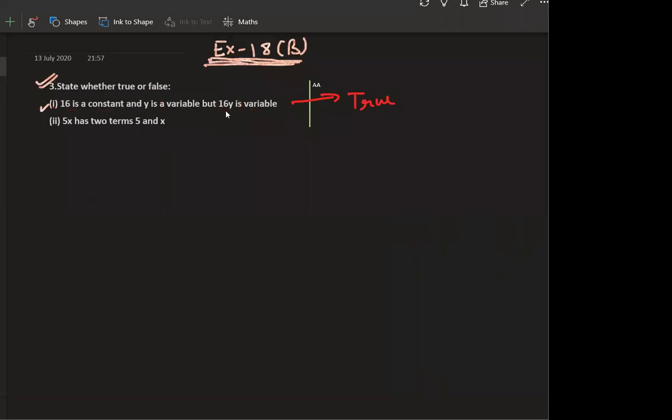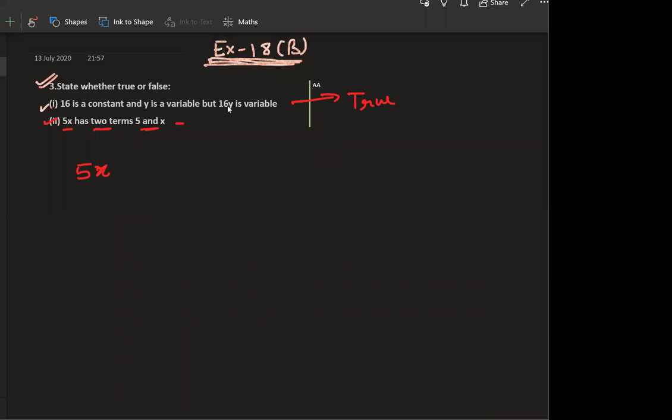Now let's talk about the second statement: 5x has two terms, 5 and x. So is this statement true or false? Let me tell you, students, 5x does not have two terms. Why? Because I have told you we identify terms with plus and minus, not with multiply and divide.